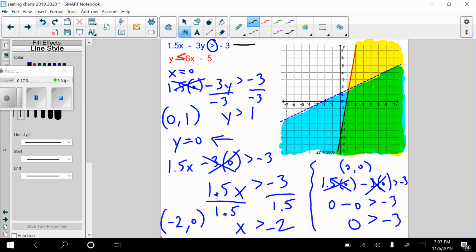The area in yellow only meets the bottom equation right here. So those values of y are less than or equal to 6x subtract 5, but they don't satisfy the other equation, the top equation.